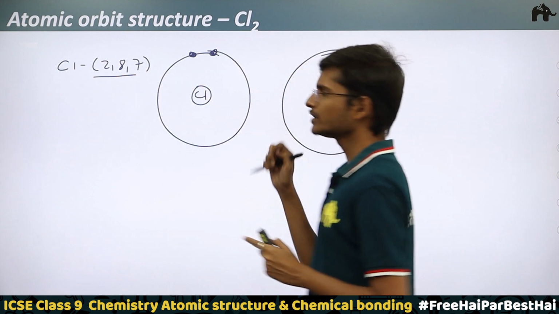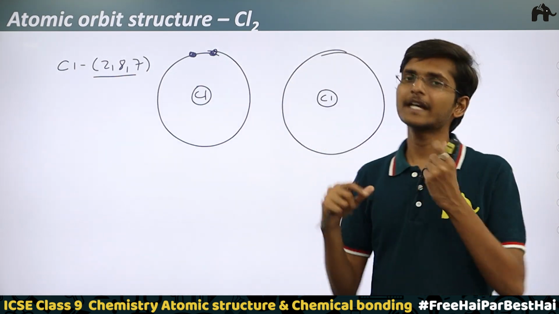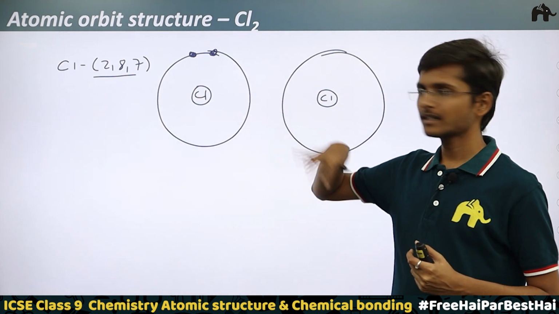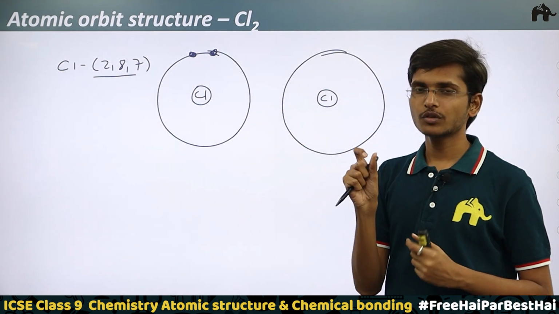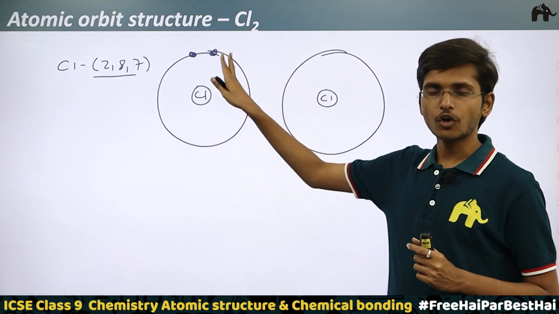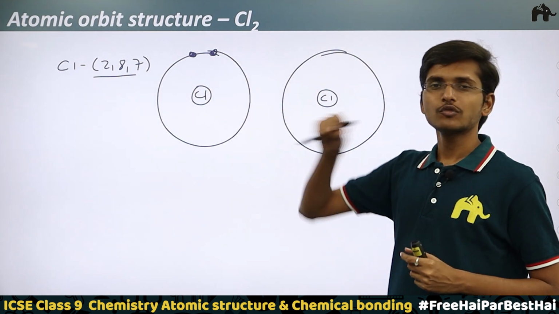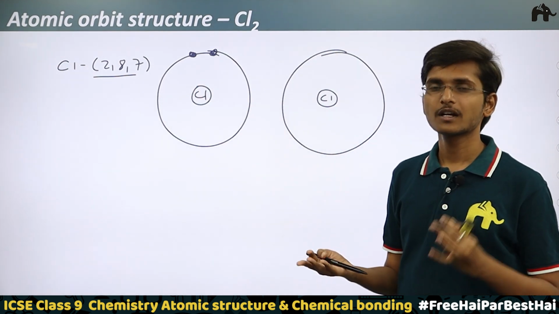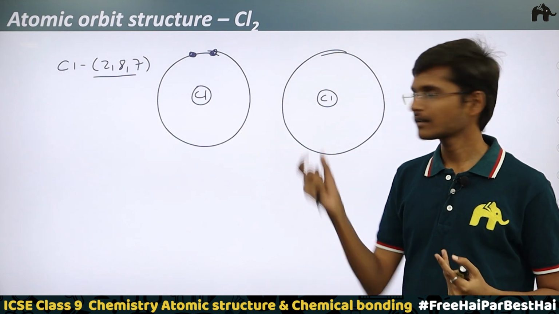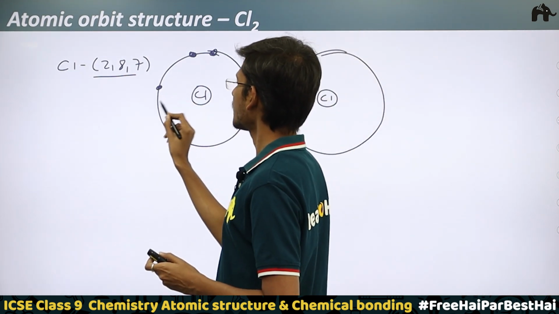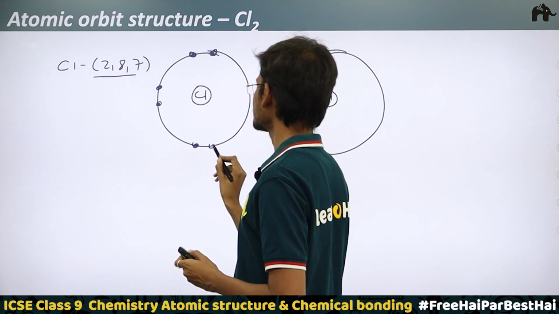Now, try to denote the electrons in pairs. Suppose 7 electrons are there; if I draw the electrons on the shell, I would draw them in pairs. Out of 7, I can make 3 pairs of 6 electrons, and 1 electron I would draw separately. So here 2 pairs, again on this side 2 pairs, and on this side 2 pairs.